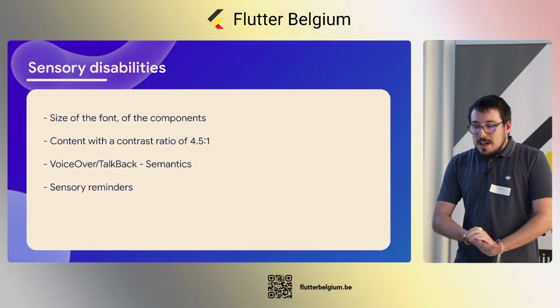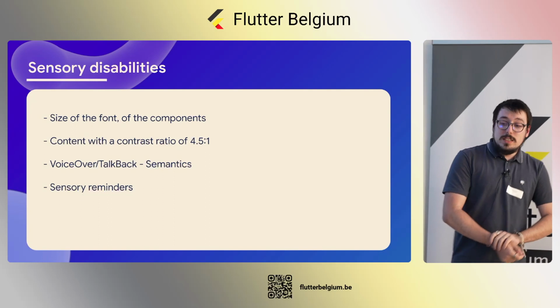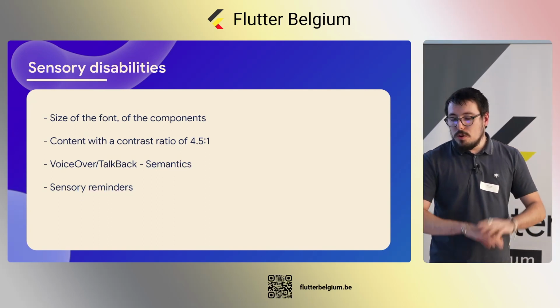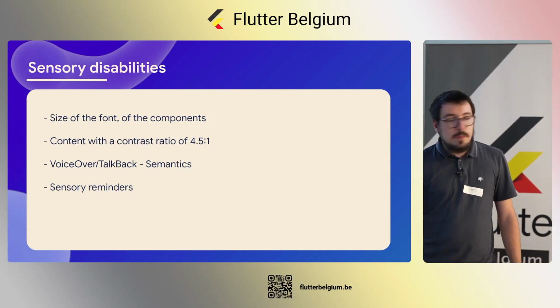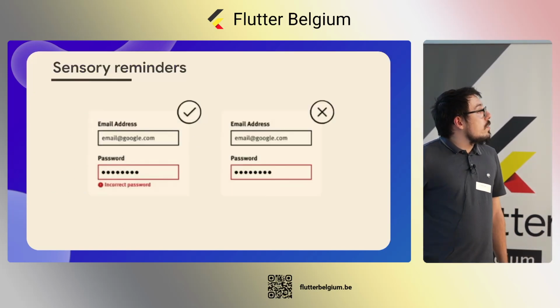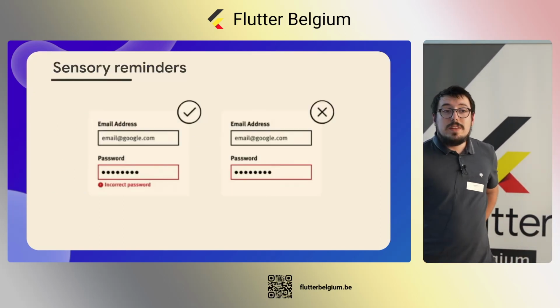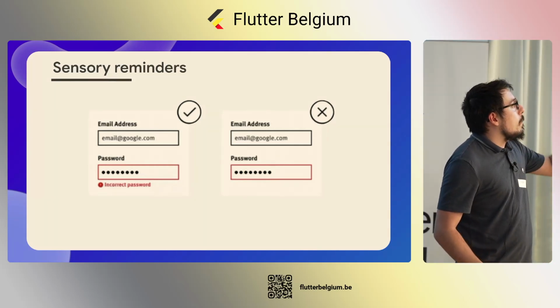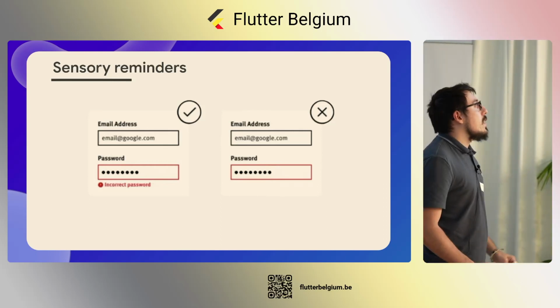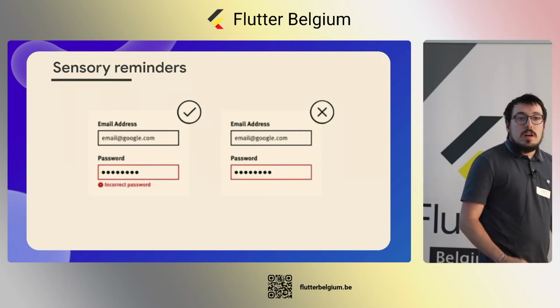All right, still for sensory disabilities, but also for a lot of other disabilities, we have the sensory reminders. I call these sensory reminders. I don't know if it has a name actually. What does that mean exactly? It means, for example, in the bad example, we have an email address and password form.